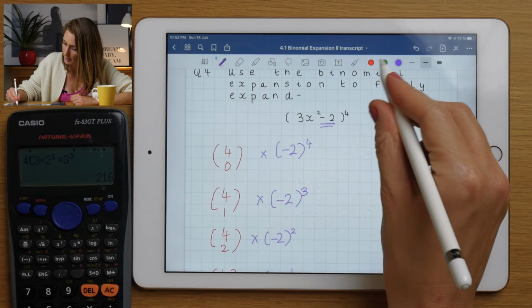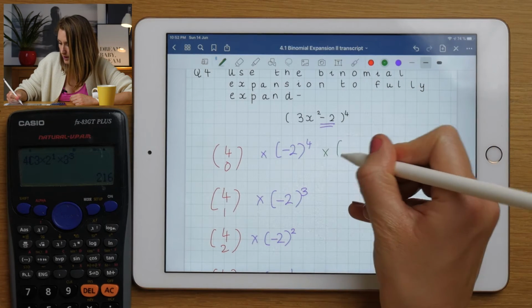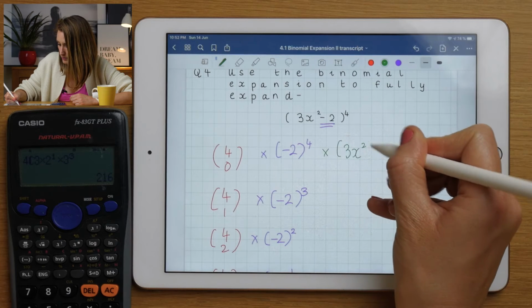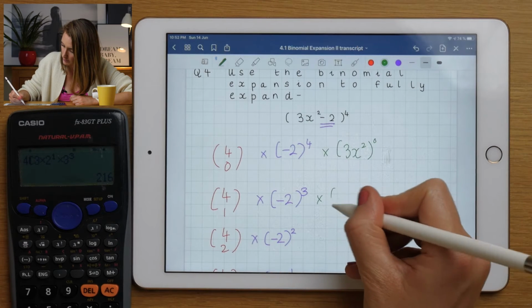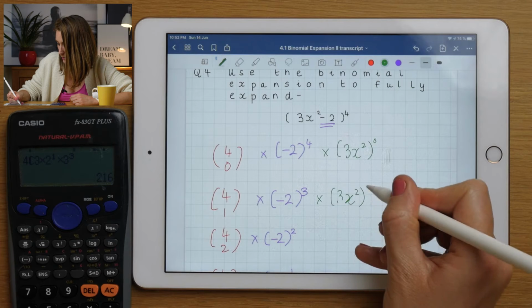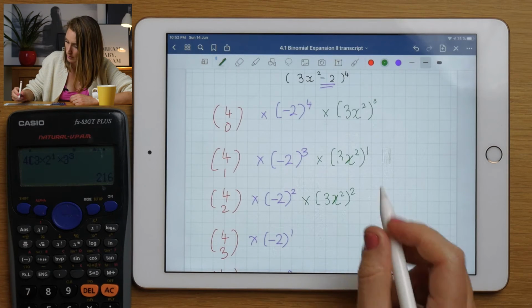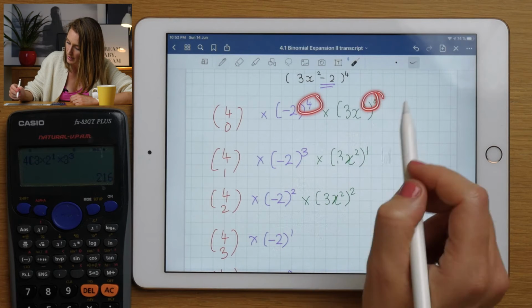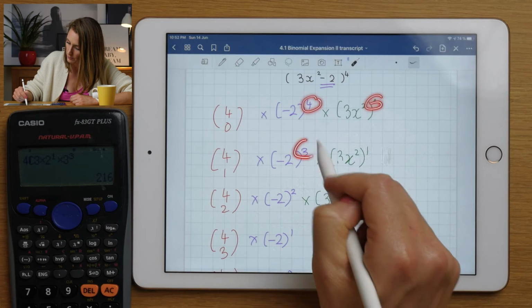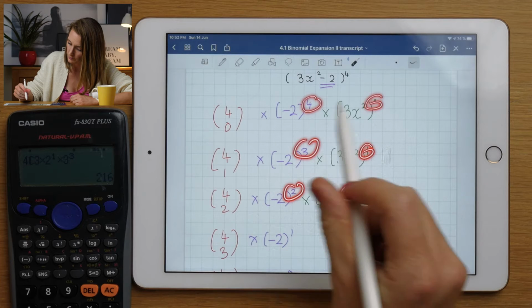Now, I'm going to talk about my x's. So we have 3x squared power 0 times 3x squared power 1. And you can see that these guys on the outside are adding up to 4, this one 2, this one 2.